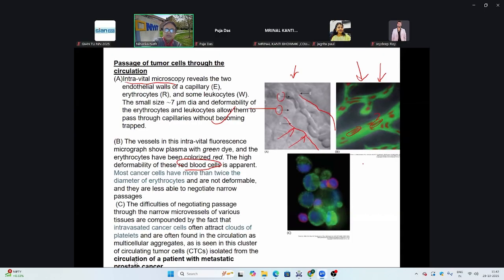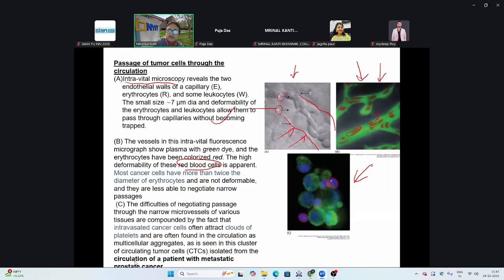But this is the diagram that you want to see now. Because of this narrow passage, these green cells get stuck at certain points, and they have attracted other cells. They have multiplied a bit.